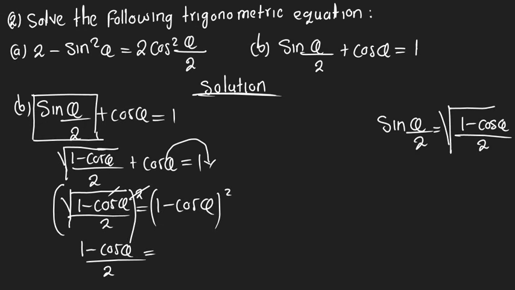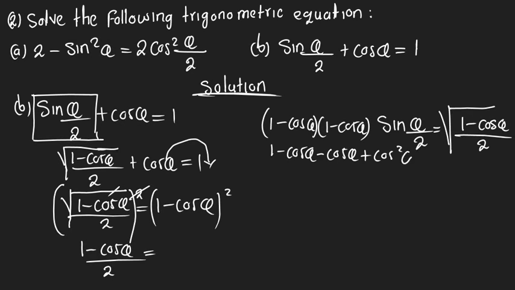And then this is going to equal, now let's expand whatever we have there. So this is 1 minus cosine theta, and then 1 minus cosine theta. 1 multiplied by 1 is 1. 1 multiplied by negative cosine theta is minus cosine theta. Negative cosine theta multiplied by 1 is minus cosine theta. Negative cosine theta multiplied by cosine theta is positive cosine squared theta.